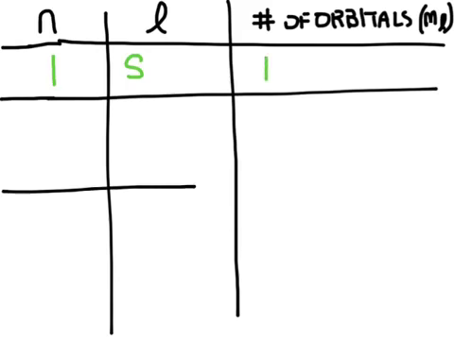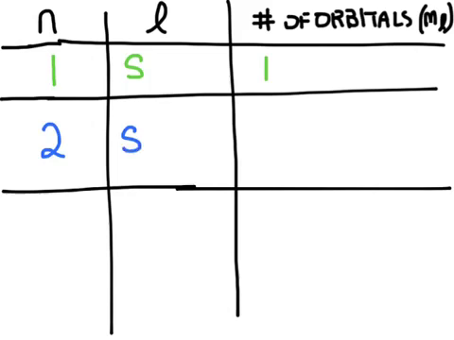Let's move up to the second energy level here. We're going to have sublevels, L stands for sublevel, of s and p. The s sublevel is going to have only 1 orbital, whereas the p sublevel will have 3 orbitals, so we have a total here of 4 different orbitals.